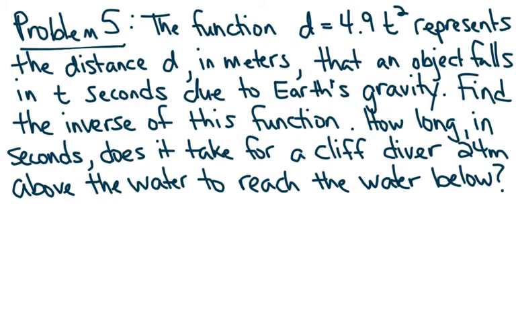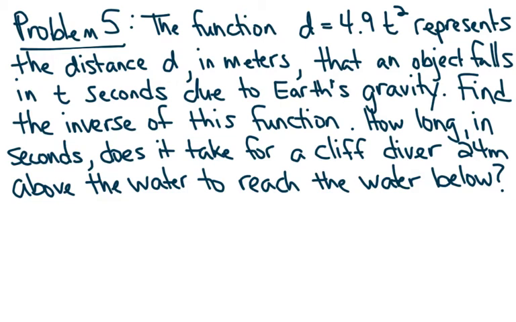When we deal with real-world application problems, we don't switch the input and output and then resolve for the output. We just leave the equation as is and just solve for the input. So in the function d equals 4.9t squared, t is the input and d is the output.